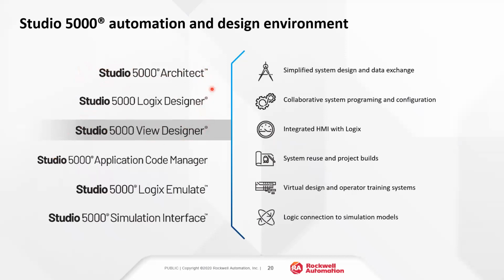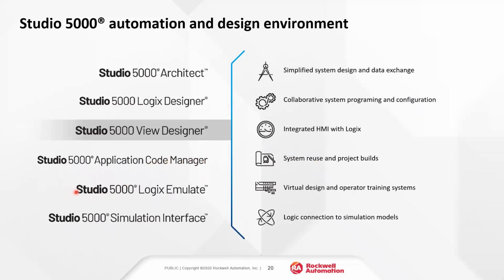So Architect and Designer come with Studio 5000. Application Code Manager is an option. It's an extra cost if you want to use the Application Code Manager, which is basically you can create your own library and reuse your code. The Logix Emulate 5000 comes with the professional edition basically.